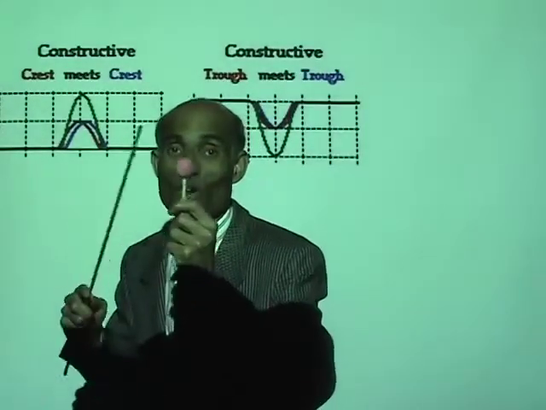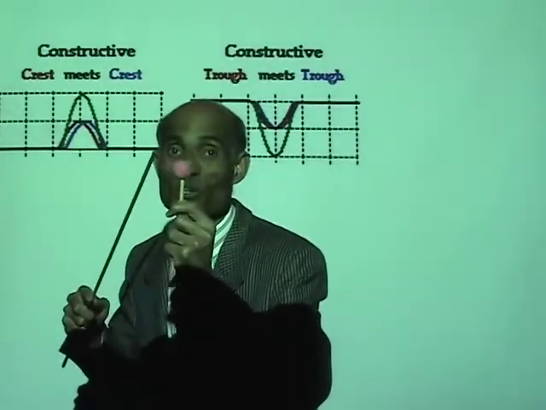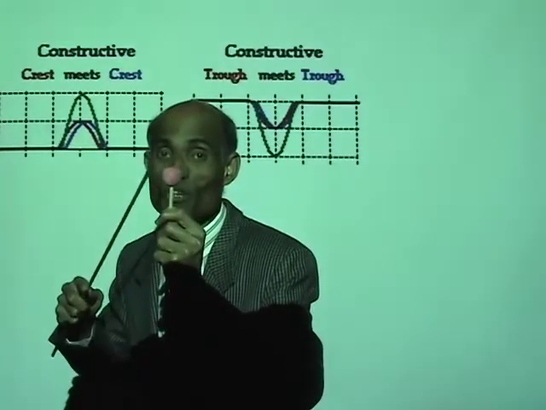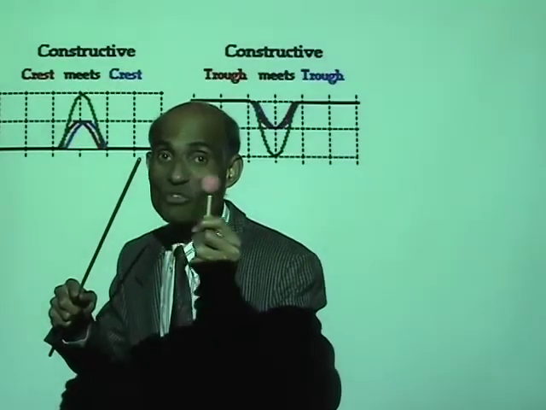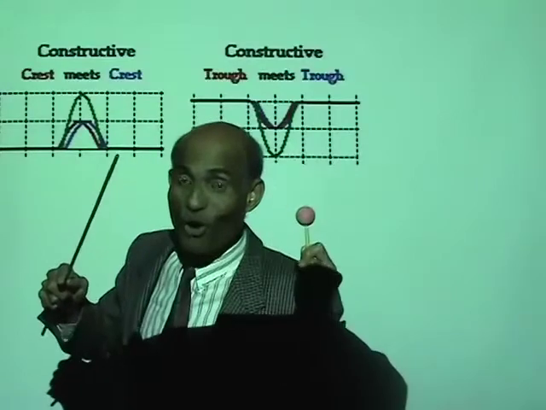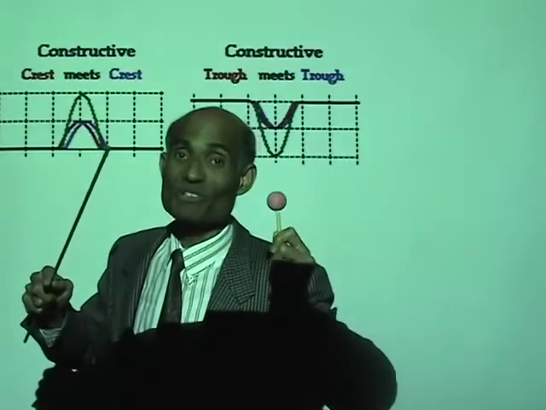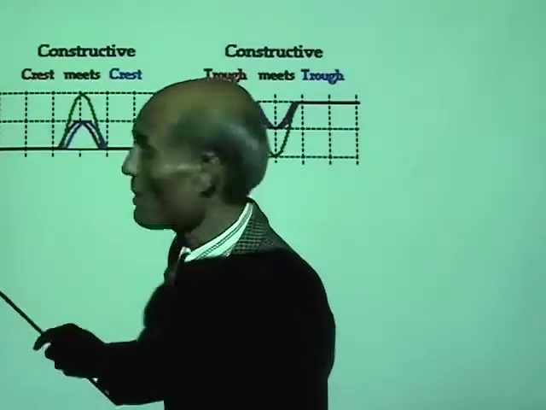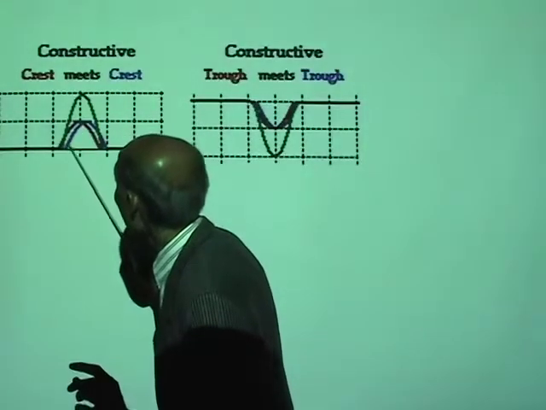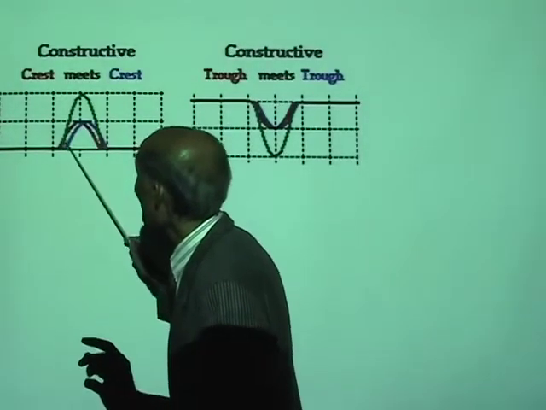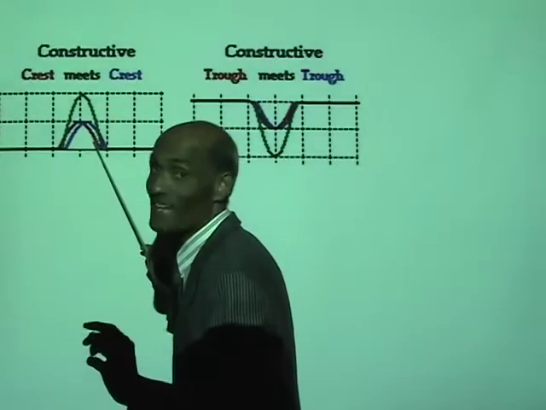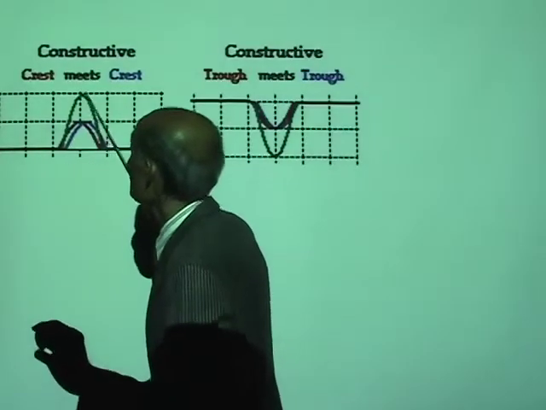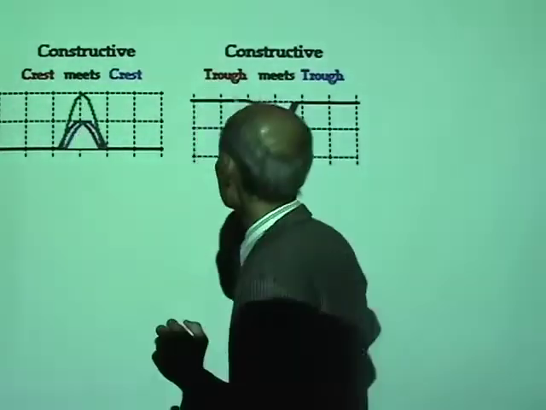You see that? According to one wave, this particle moves that way. According to the second wave, it moves in the same direction. Therefore, it will move double the distance. You see? So, a compression of one wave falling on the compression of a second wave produces a bigger compression.